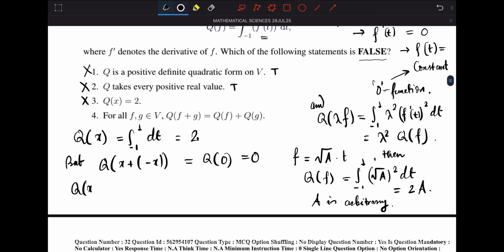And Q of x, as we computed, is 2, and Q of minus x is again equal to Q of x, which is 2. But Q of x plus Q of minus x is 4, but Q of x plus minus x is 0. So this is not true, so this is false.